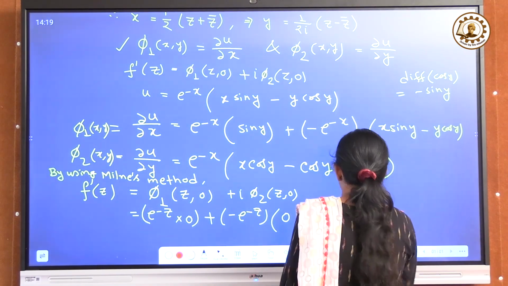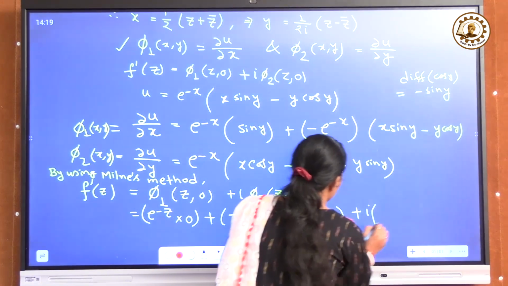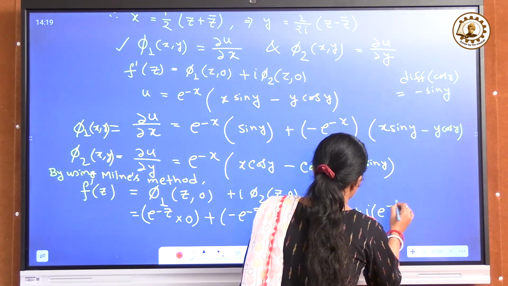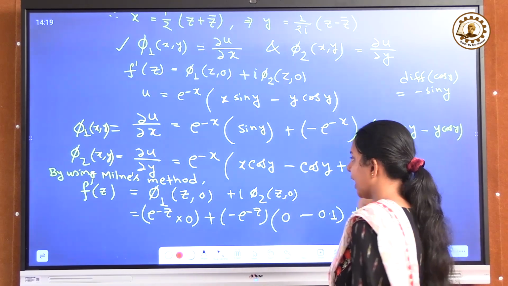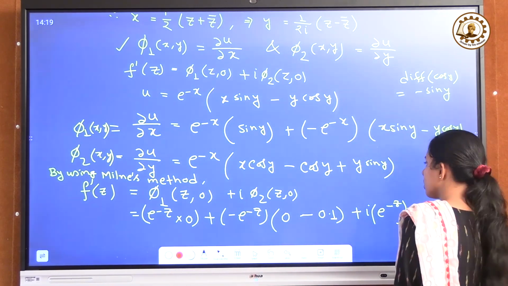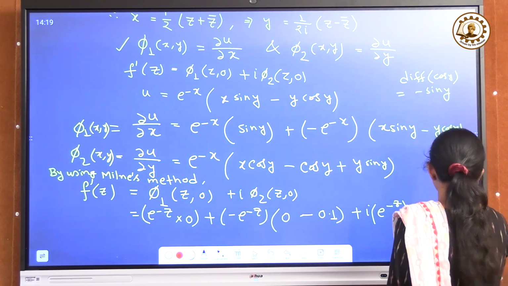Plus i times phi 2 of z, 0: e to the power minus z, x replaced by z and y replaced by 0, so z cos 0, that means 1, minus 1 plus 0.